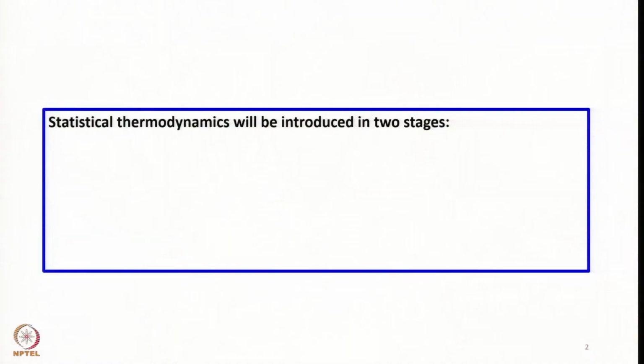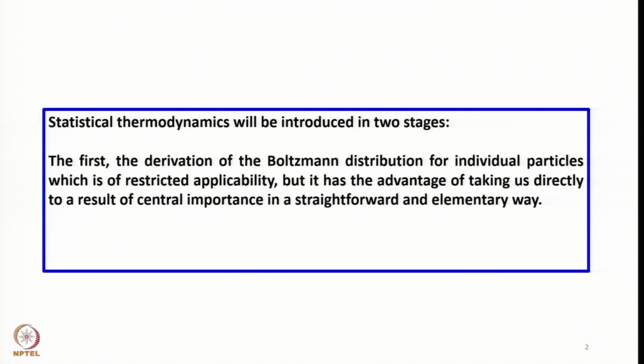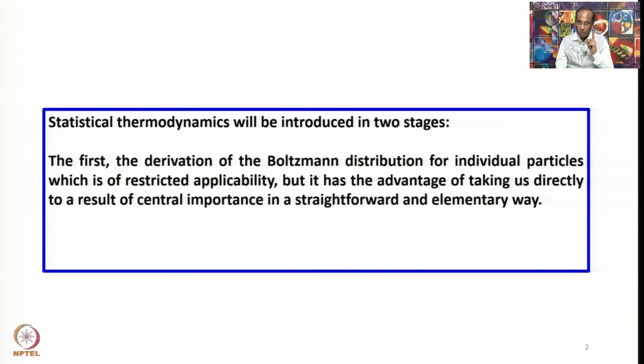And in statistical thermodynamics, we wanted to highlight and address that the same thermodynamic quantities can be obtained by using a spectroscopic approach. So, what we did was, we started by discussing that statistical thermodynamics will be introduced in two stages. One was the derivation of Boltzmann distribution of individual particles.